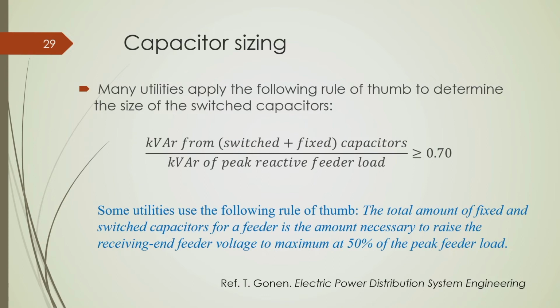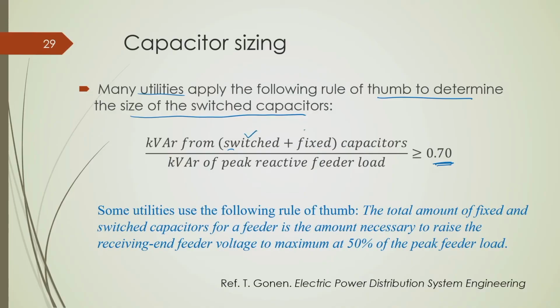So, generally many utilities follow a thumb rule in order to decide the size of the capacitors, and here they use that up to 70% of this total feeder reactive load or reactive power demand would be compensated by a capacitor bank.